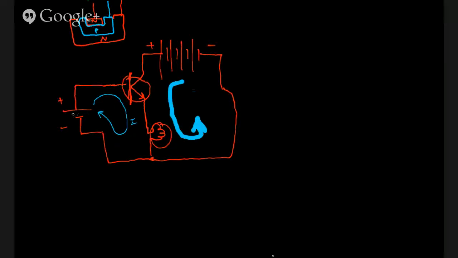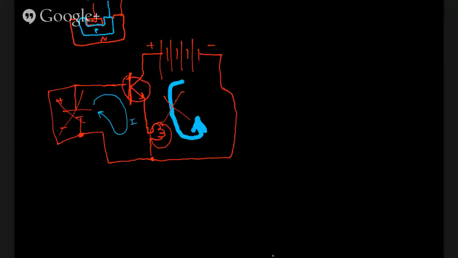Or, if instead of having a battery here, we omitted this, and this was at 0 volts potential, our transistor wouldn't conduct, and our light bulb would not light. Pretty simple.